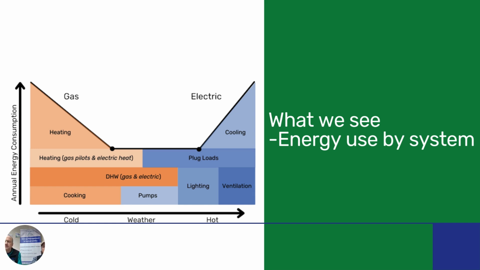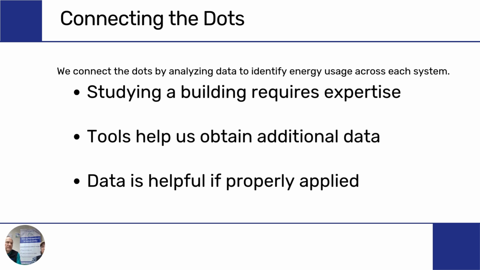So again, we do this type of work to listen to our clients and observe and understand what's going on in the building, and then take what to some folks is a complicated utility bill with a few data points on it, and correlate it to energy use, weather, and also different system uses.